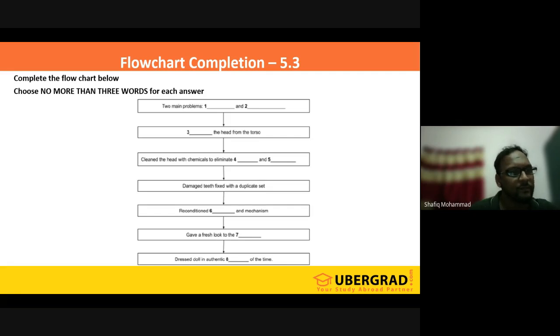So your homework for tomorrow is 4.1, 4.3, 4.4, and 5.2 and 5.4. Okay, so again, I'm repeating: homework for tomorrow is 4.1, 4.3, and 4.4.